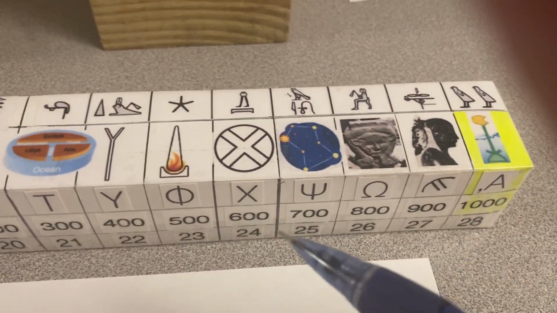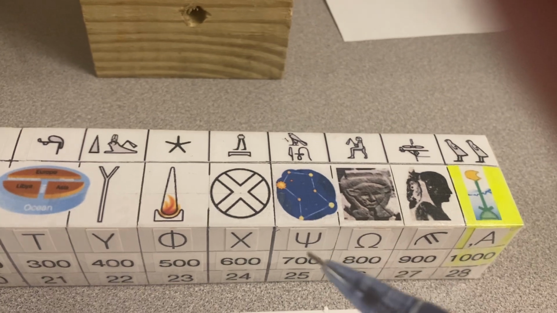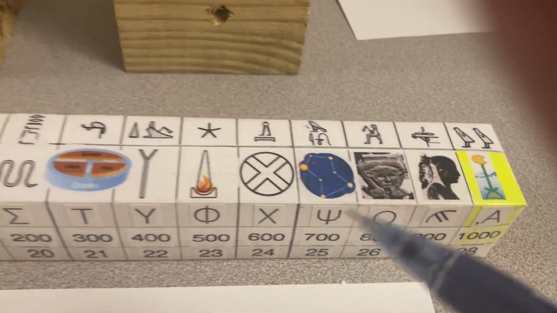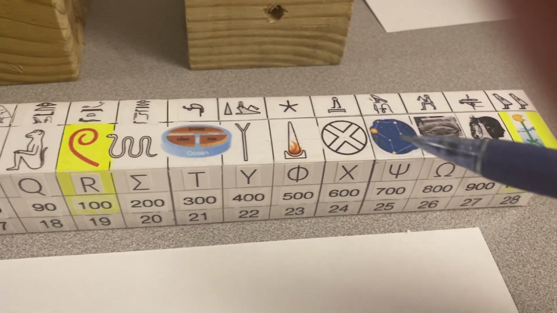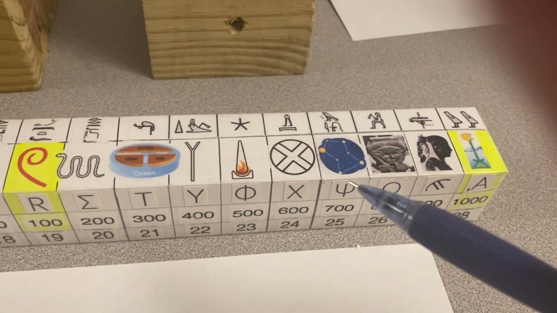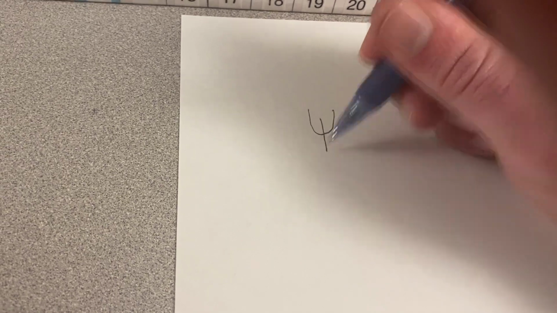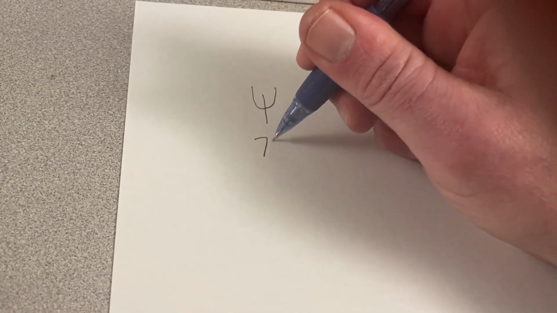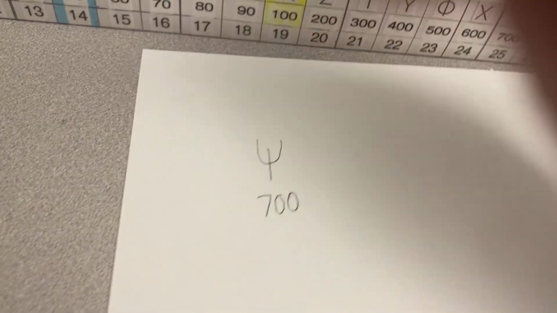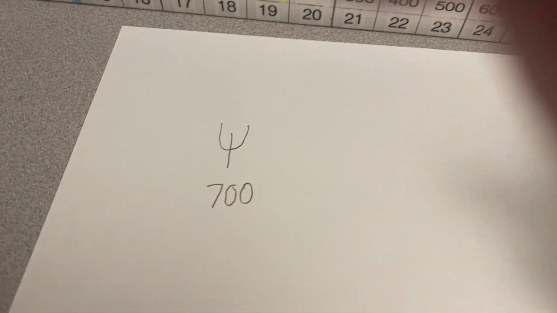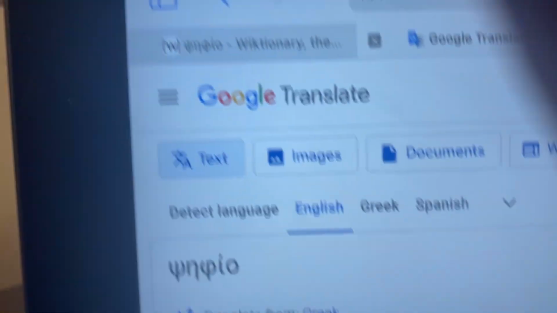So C is 700. This corresponds to the rising of the Orion constellation. So it has to do with calculation of the after existence in the stars. So we get C. And the next letter is eta.